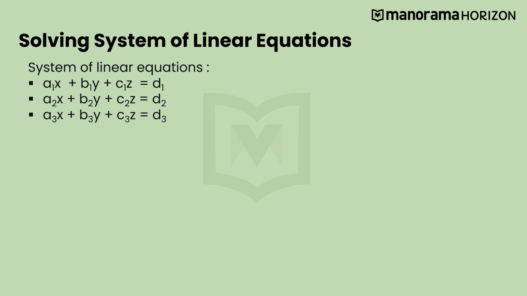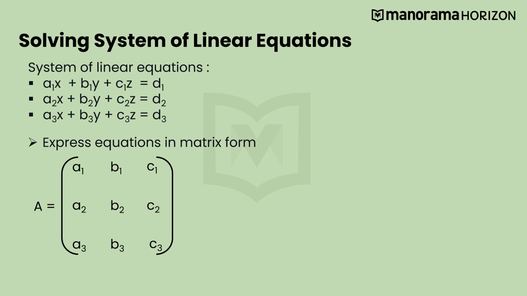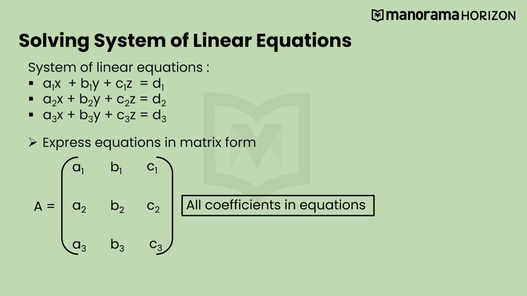The very first step is to express the given set of equations in matrix form. First, we have to frame a matrix A where all the coefficients are placed. That is, A is equal to a1, b1, c1, a2, b2, c2, a3, b3, c3.